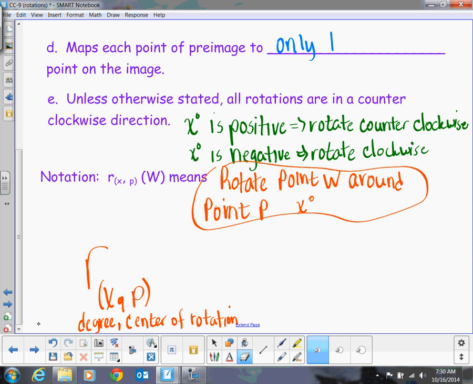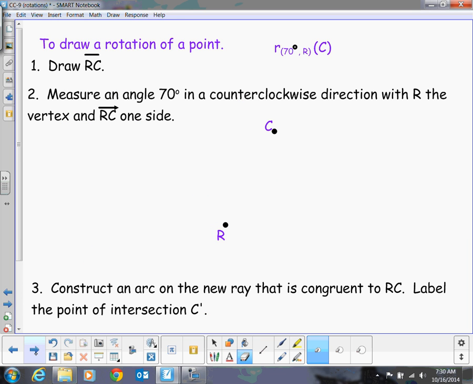So we're going to rotate a point about some other points. So when I do this one rotation, if you have a triangle, you have to do it 3 times. So to draw a rotation of a point, this is saying rotate point C how many degrees? 70, about what point?